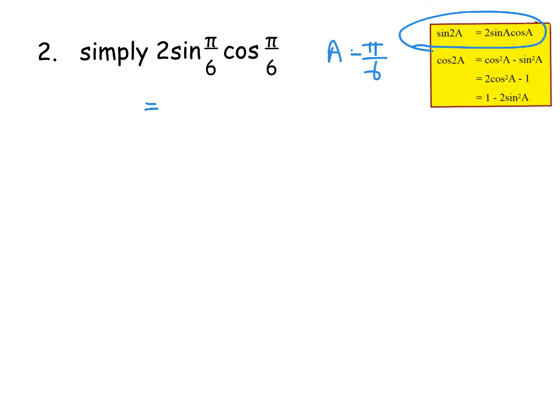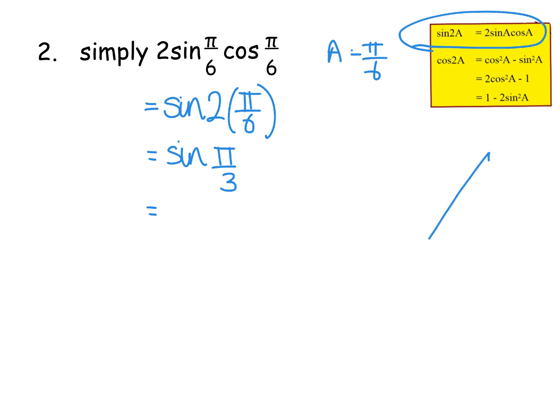So this is sin 2 of pi over 6. My a has turned into pi over 6. Now, 2 times pi over 6 simplifies to pi over 3. Pi over 3 is just 60.